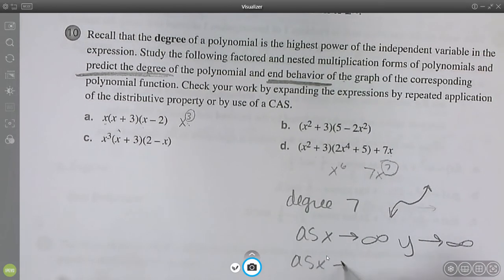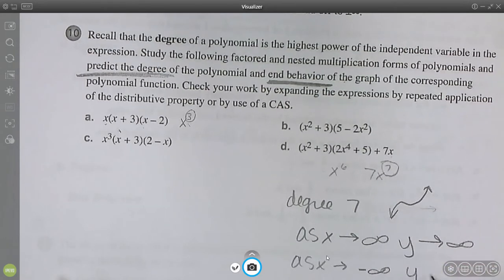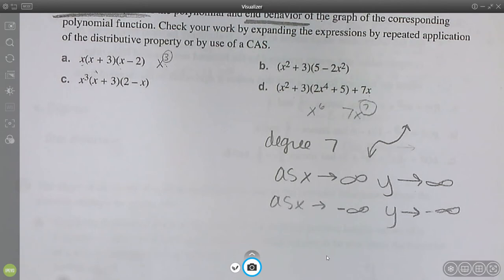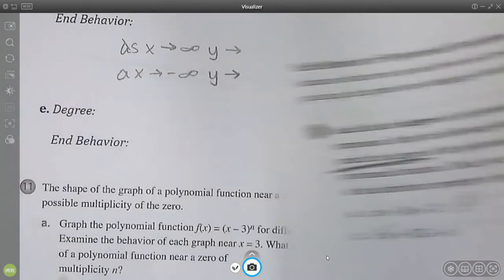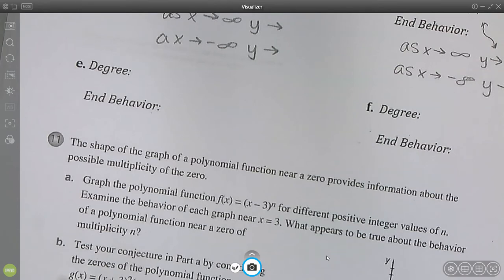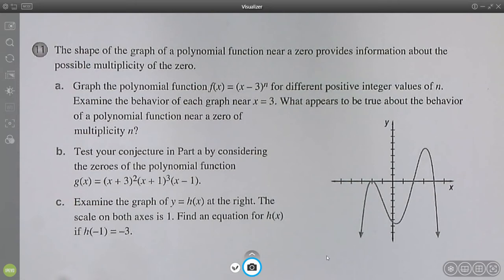And as x goes to negative infinity, so this way, y is going to negative infinity as well. Okay, so finish 10. And then number 11, I am going to let you try on your own.